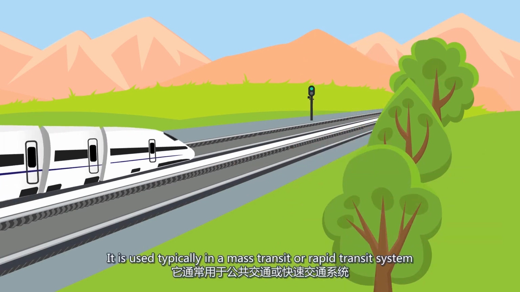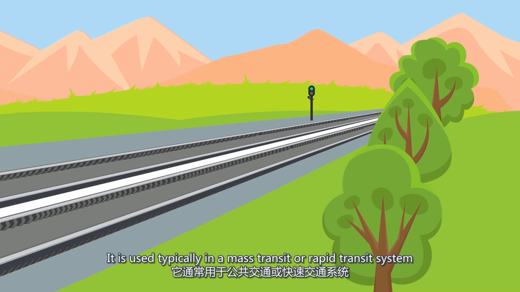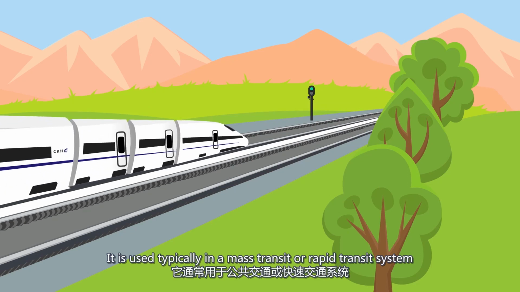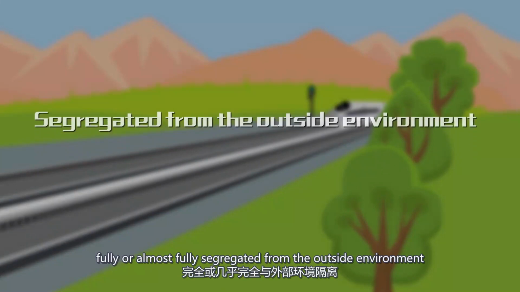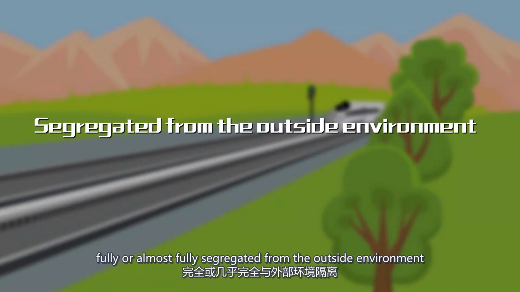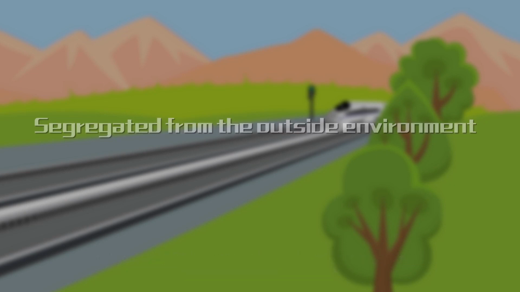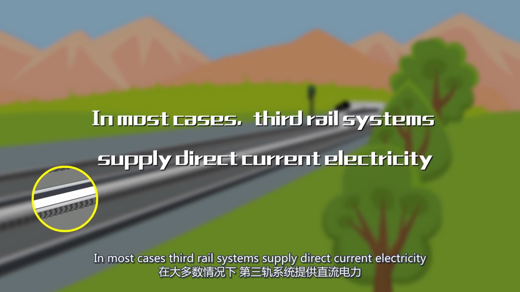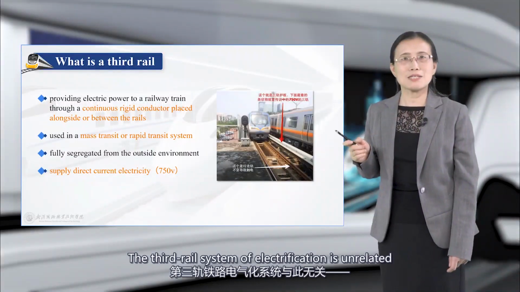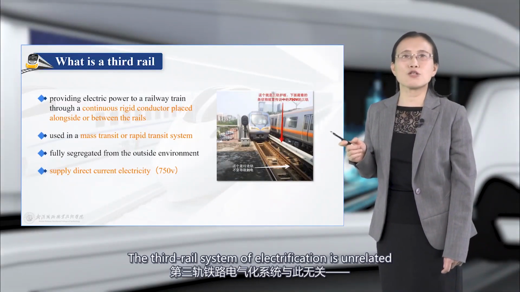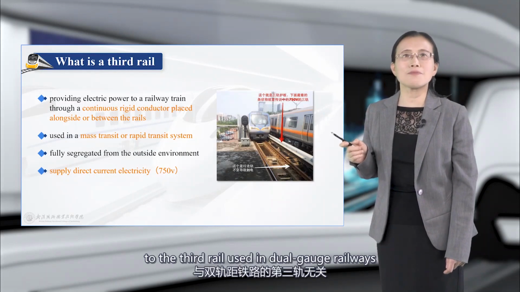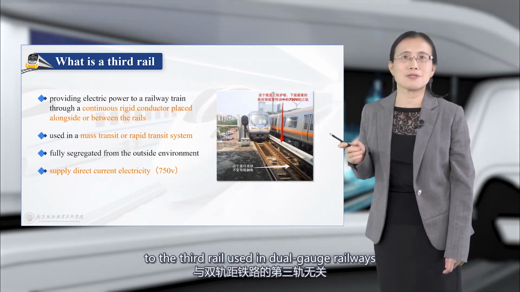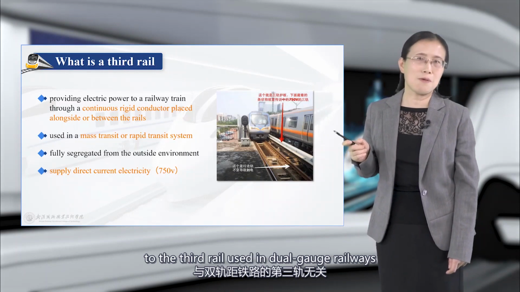It is used typically in a mass transit or rapid transit system, fully or almost fully segregated from the outside environment. In most cases, third rail systems supply direct current electricity. The third rail system of electrification is unrelated to the third rail used in dual-gauge railways.